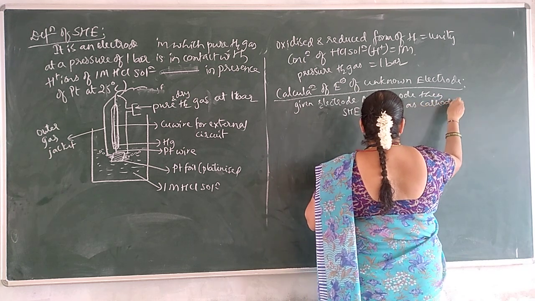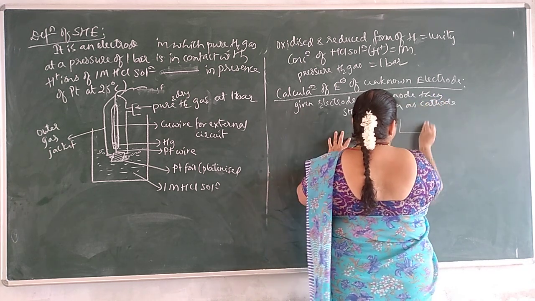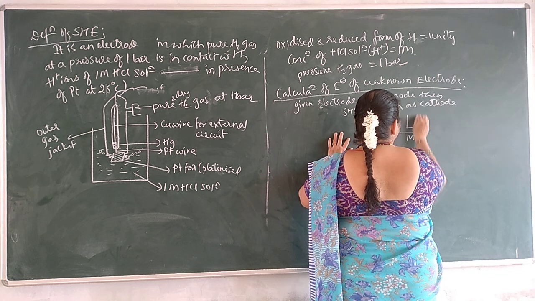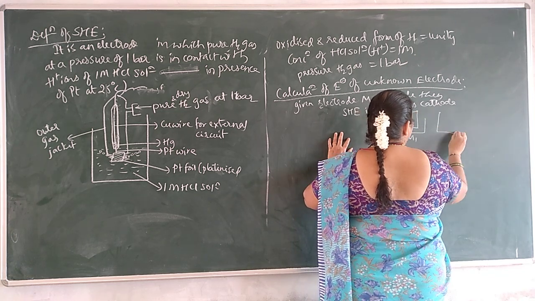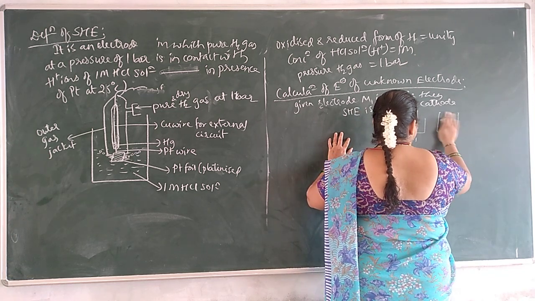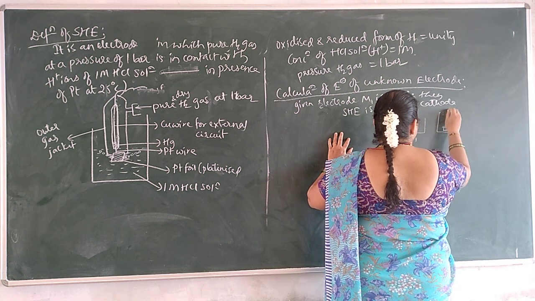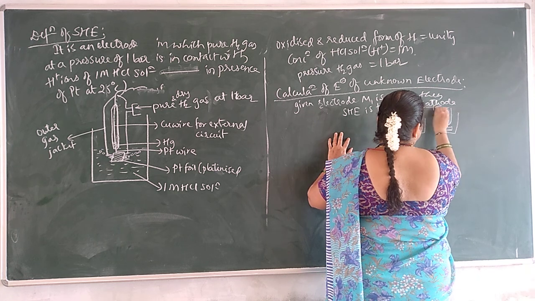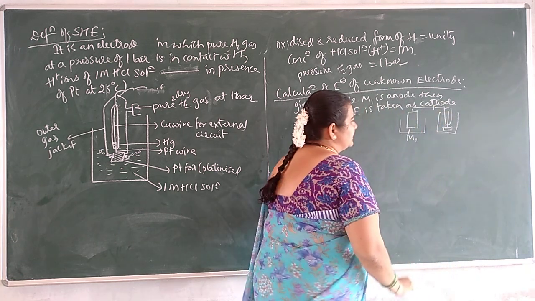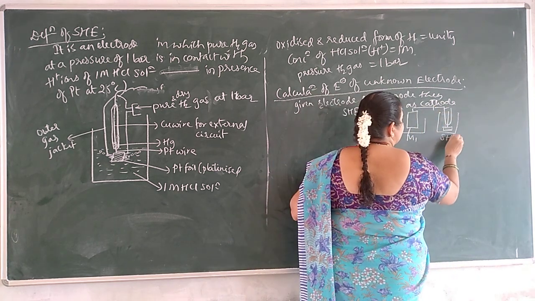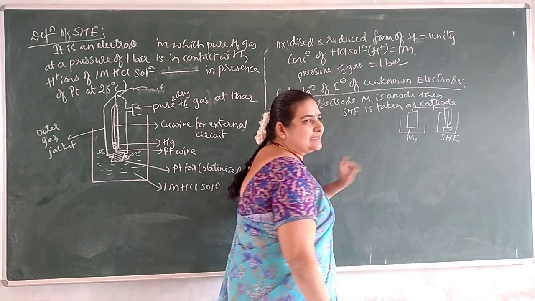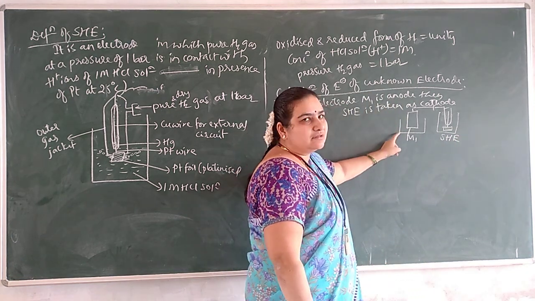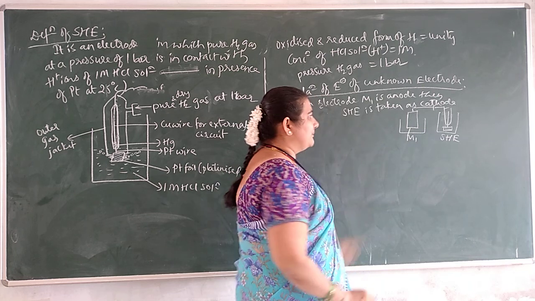So set up the cell as per this condition. Here M1 is on one side, and here the experimental setup of the hydrogen electrode, and you connect the external circuit by the connections. The right hand side electrode is the cathode, SHE, and the left hand side electrode is M1.